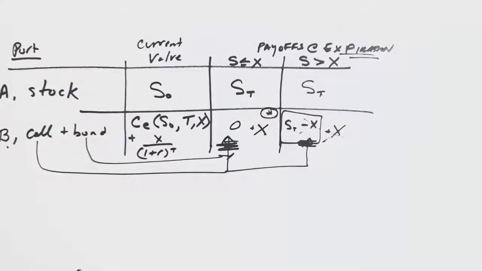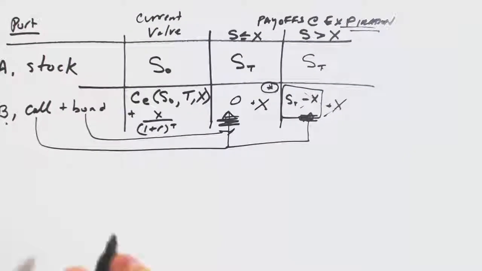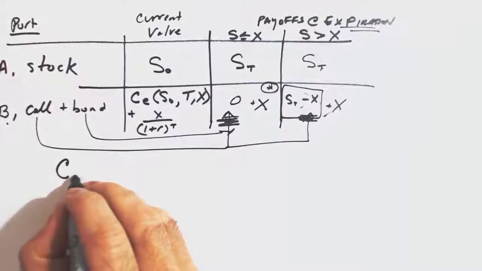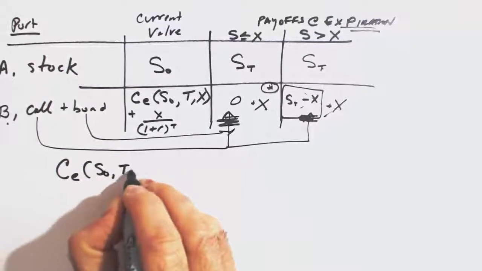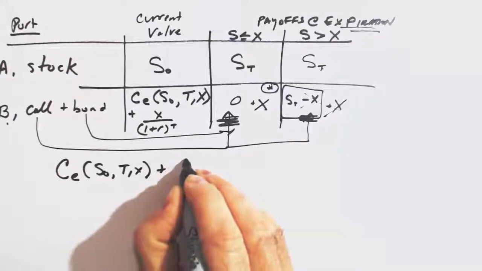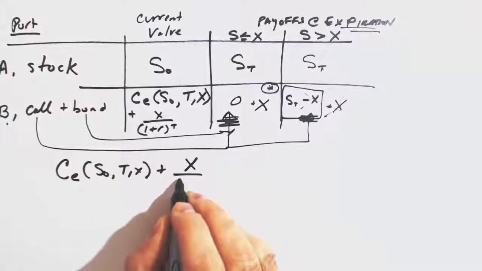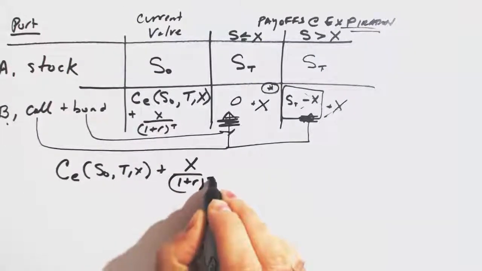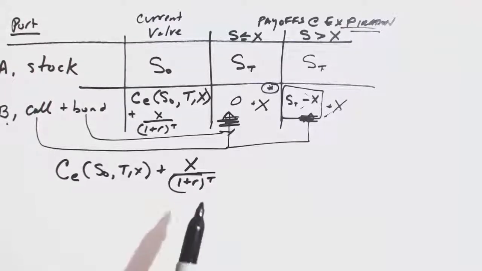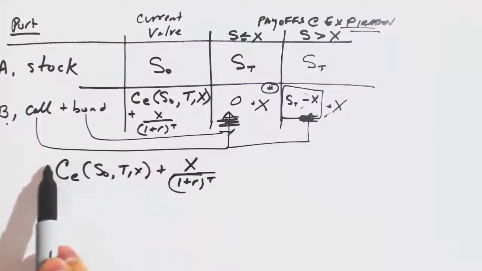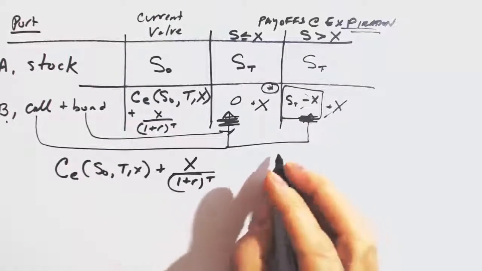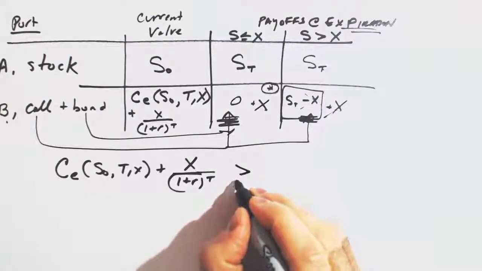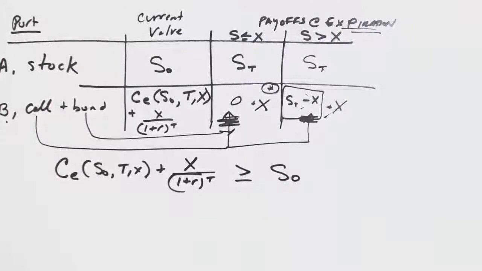Portfolio B dominates. How we can express that mathematically is that the value of the European call plus the present value of the bond, the current value of this portfolio of these two securities, must be greater than the stock price today.